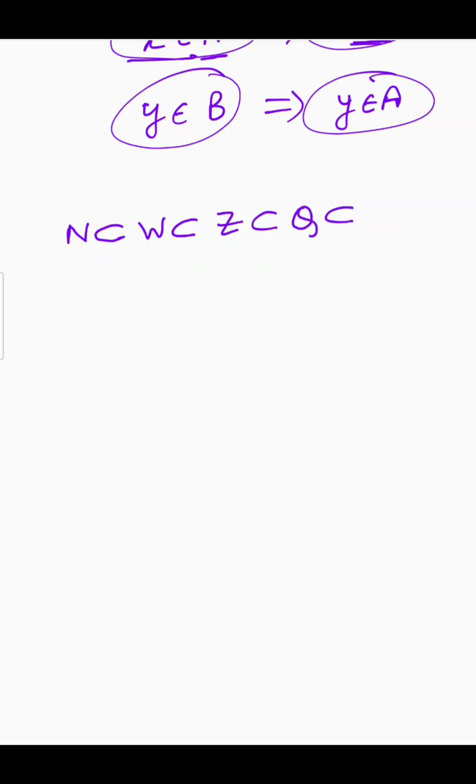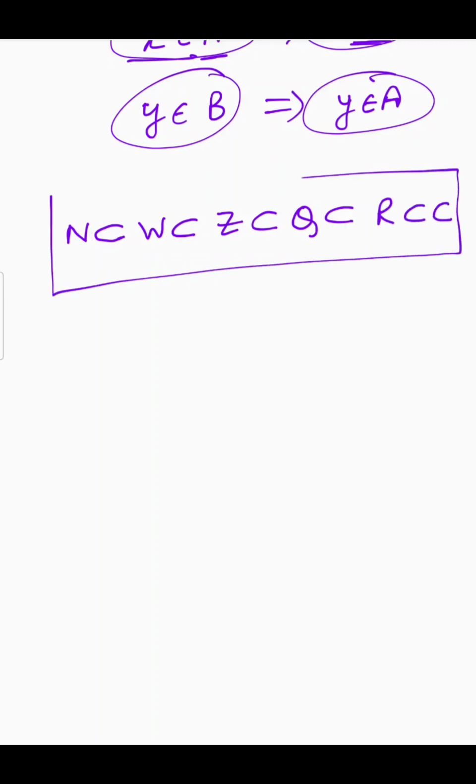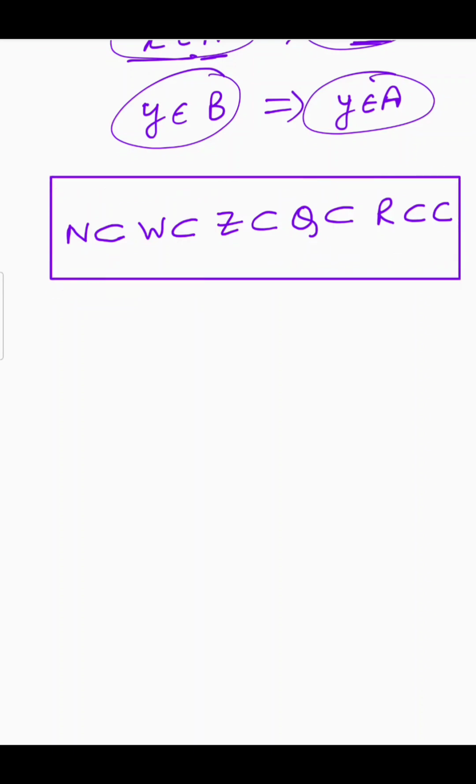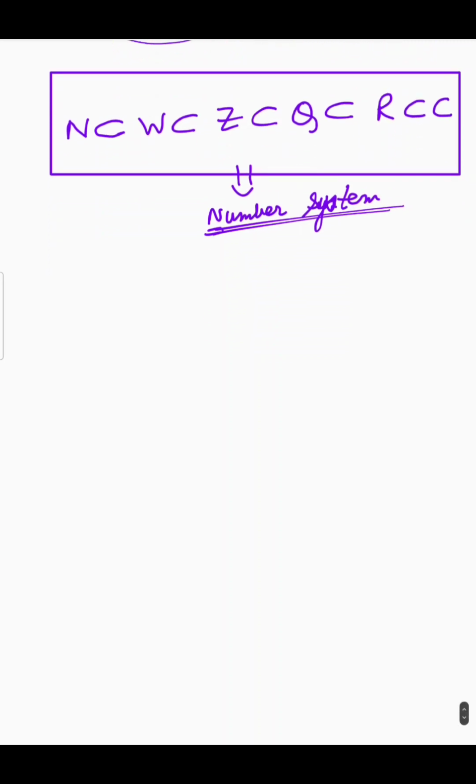Rational number is a subset of real number, and real number is a subset of complex number, right? And this forms the full number system. Okay, I hope that it is clear. Okay, next point.